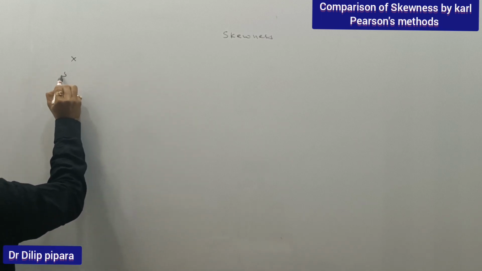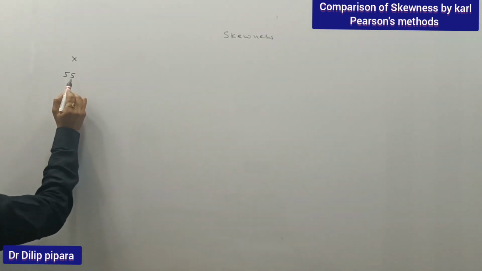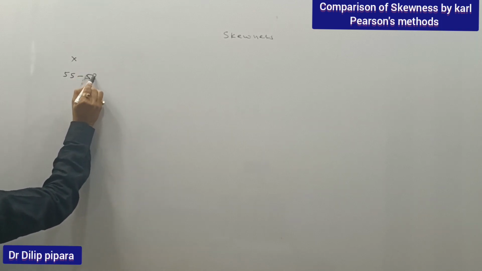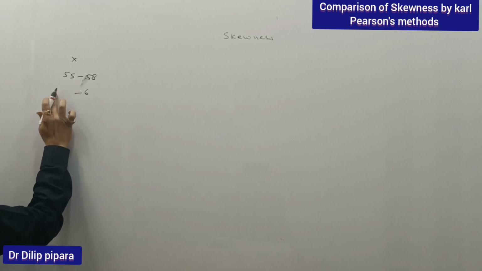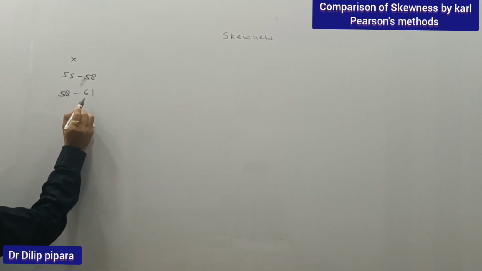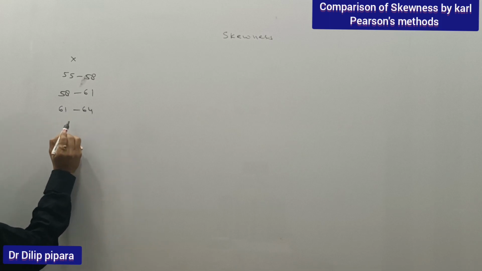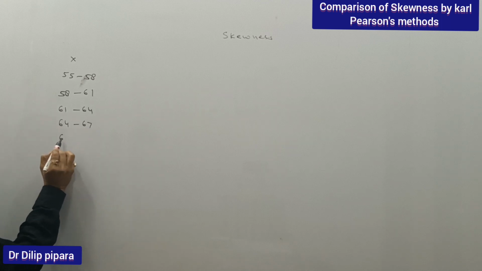The class intervals are given: 55 to 58, 58 to 61, 61 to 64, 64 to 67, and 67 to 70.